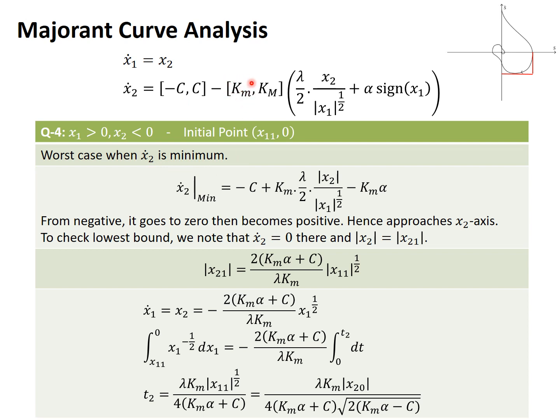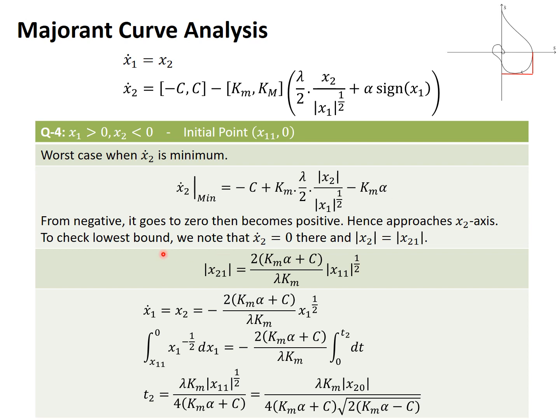So, we multiply k small m and not k capital M. The sign is already plus here, km, then lambda by 2, then mod x2 by mod x1 to the power of half. Because of this mod, this k small m has come, and since we are using this k small m, it also multiplies with this alpha, then sin x1 is positive, so this is minus k small m alpha.